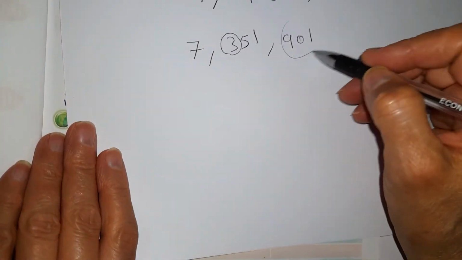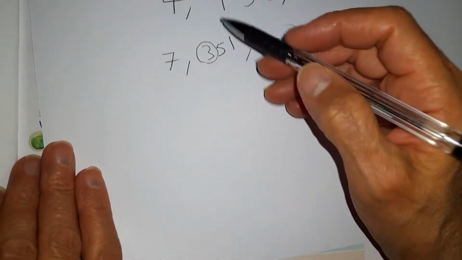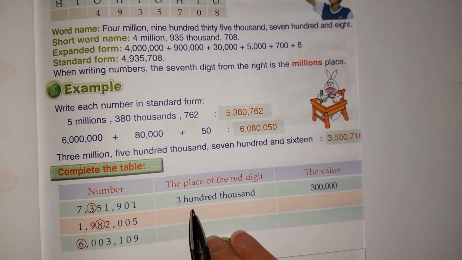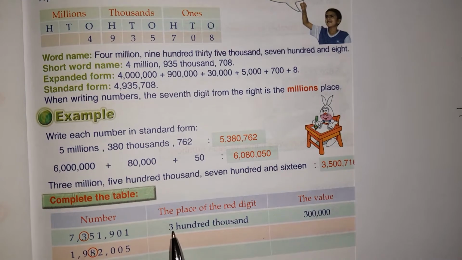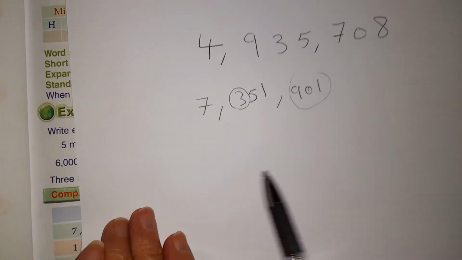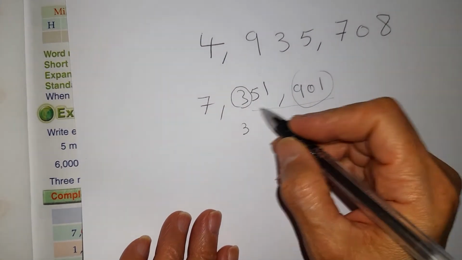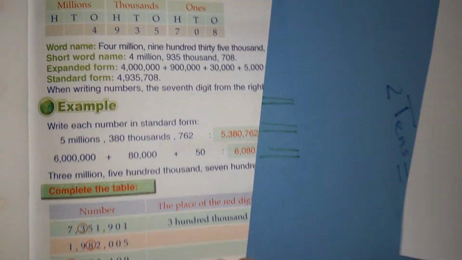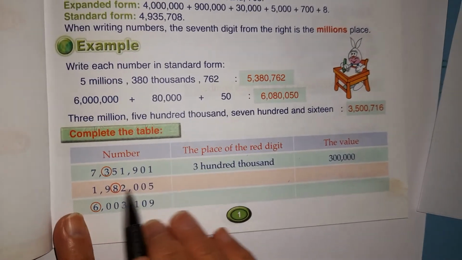This is the ones, these are the thousands. So the 3 is in the 100,000. So I will write here 300,000, which is the short word name. Then they ask you what is the value. The value of the 3, you will write the 3 and all the rest of the digits in front will be zeros. So the value of this digit is 300,000. Now we are going to do the same.